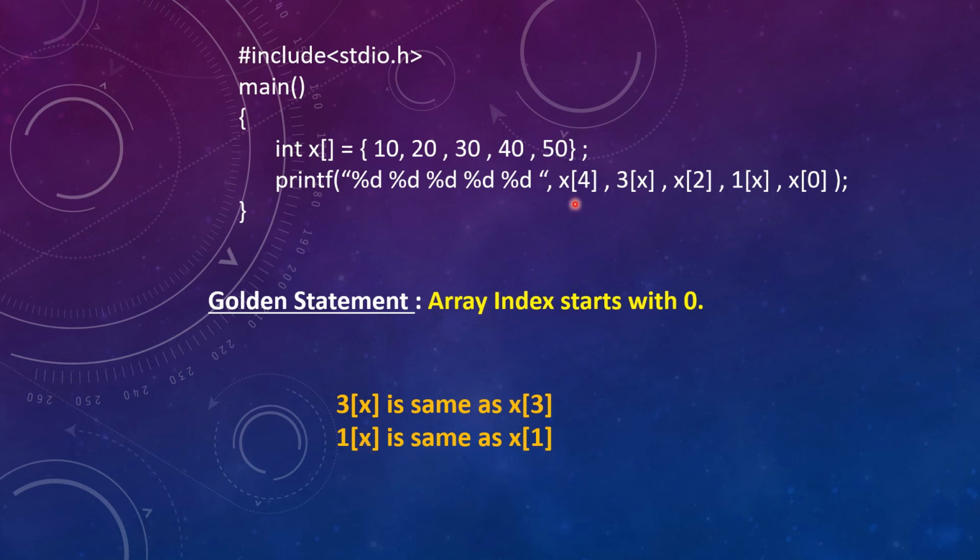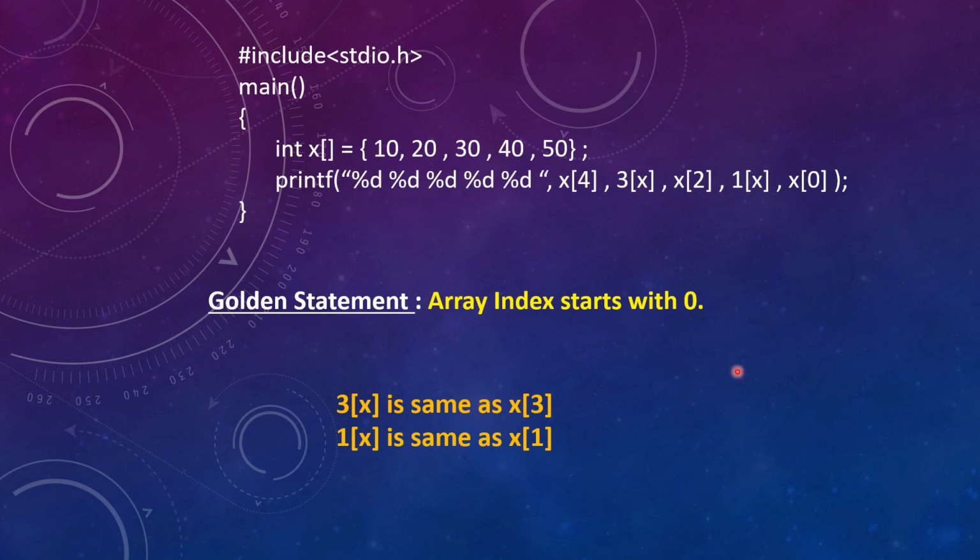So our data will be: x of 4 means 0 1 2 3 4, so 50 will be printed first, then x of 3 means 40, x of 2 means 30, x of 1 means 20, and x of 0 means 10. Correct? So 50 40 30 20 10 means the array is printed in reverse order.